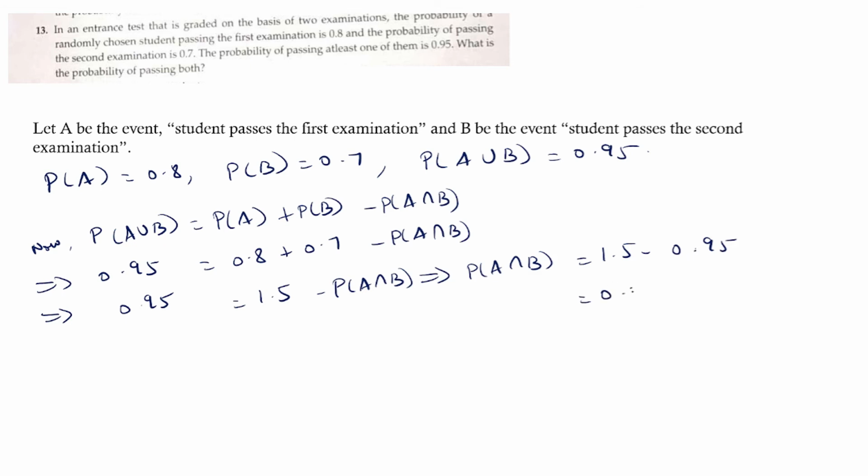This is equal to 0.55. So probability that the student passes both the exam is 0.55.